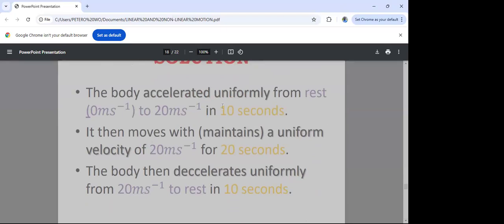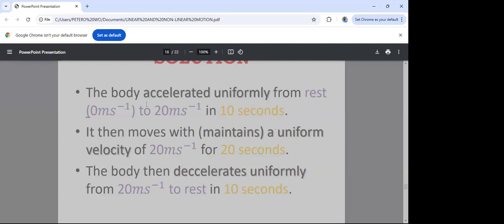For part A, they are telling us that the body accelerates uniformly from rest, because it's coming from 0 meters per second, to 20 meters per second in 10 seconds.